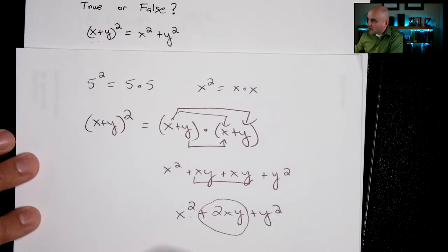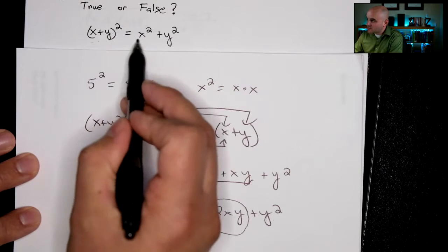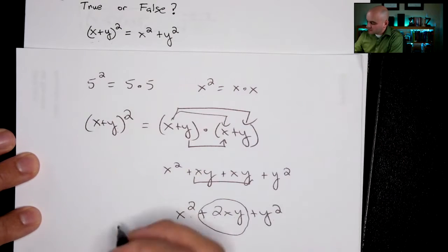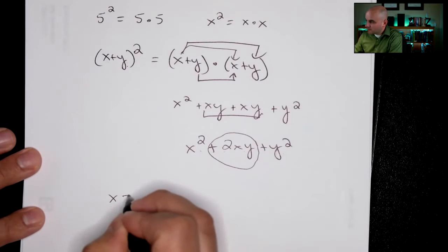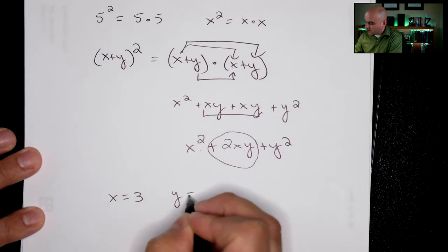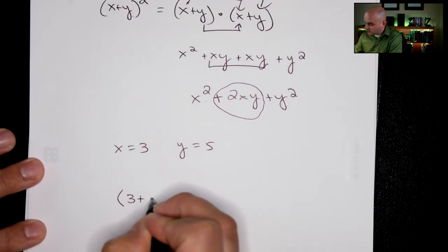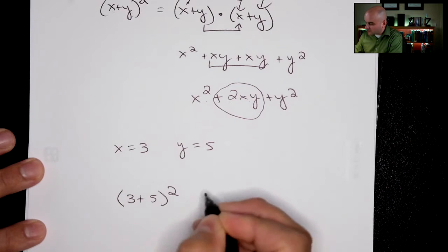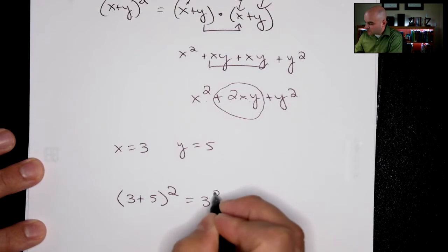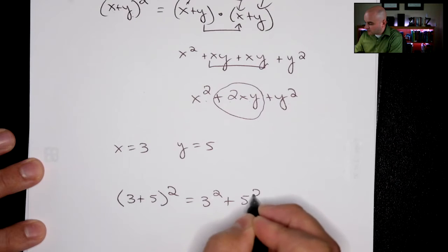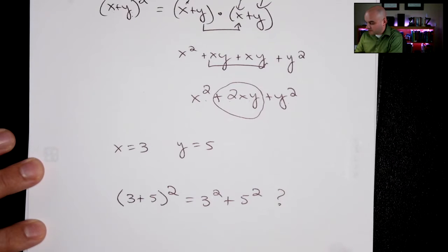So going back to this right here, if you said this were true, well, let's let x equal 3 and y equal 5 and see if we actually get a true statement. So this would be 3 plus 5 quantity squared. That should equal 3 squared plus 5 squared, right?